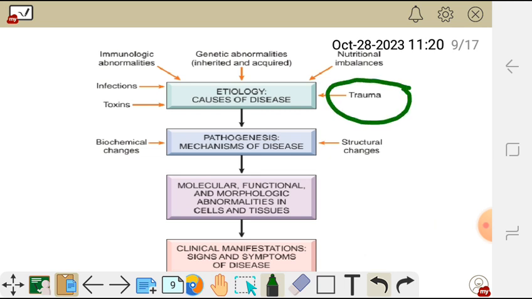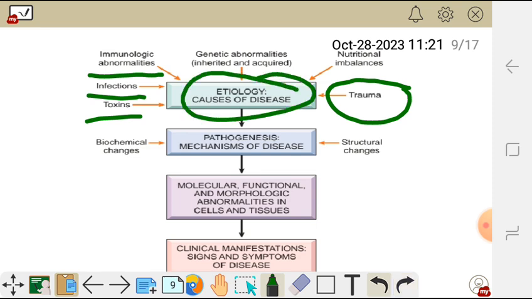Then you have toxins, which can come from chemicals or from microbes. Then we have infections, and immunological abnormalities. Those are some of the environmental causes of a disease. And then we have genetic abnormalities.